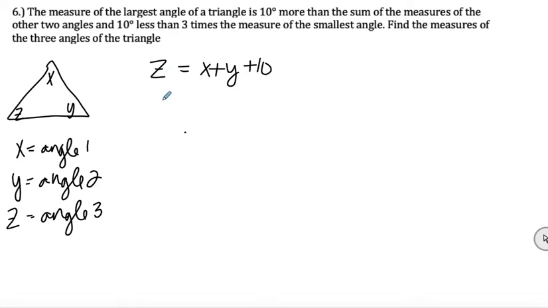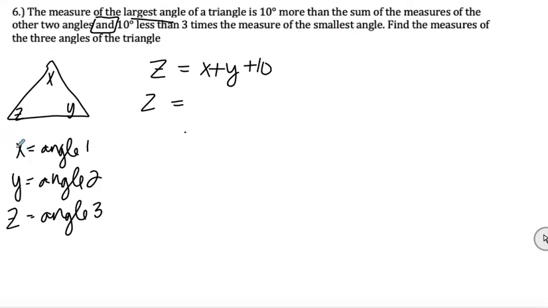We also know, because it says the word "and" right here, I'm still referring to this largest angle. Z is also 10 less than 3 times the measure of the smallest angle.